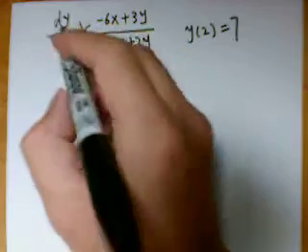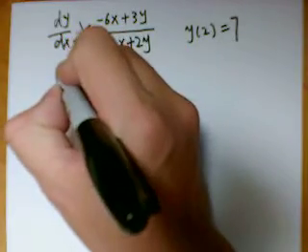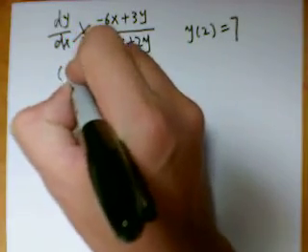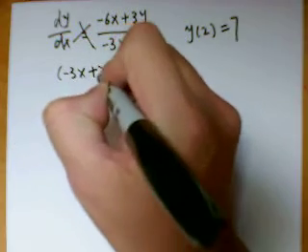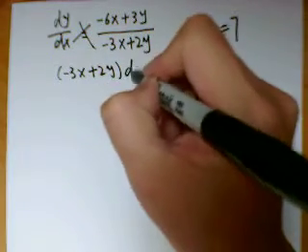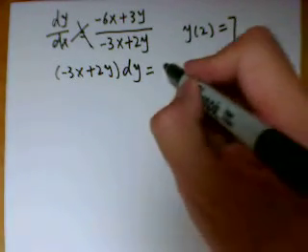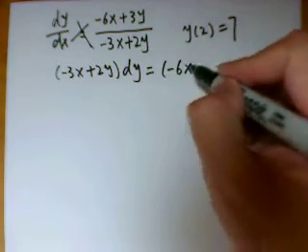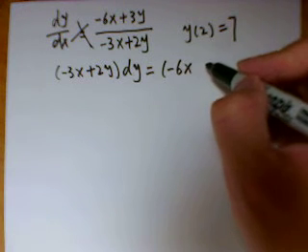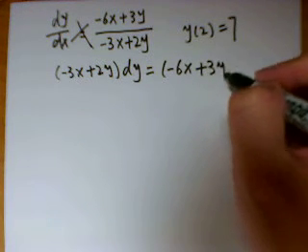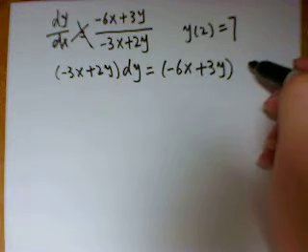The cross product. Then we're gonna get negative 3x plus 2y dy, right? And then we have negative 6x plus 3y dx.